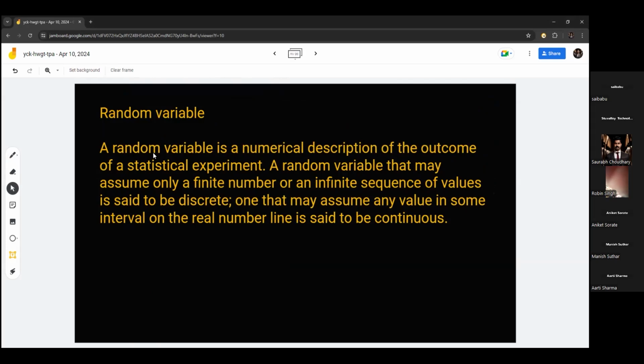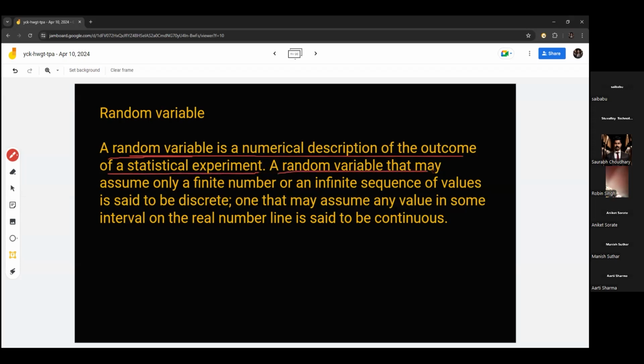A random variable is a numerical description of the outcome of a statistical experiment.